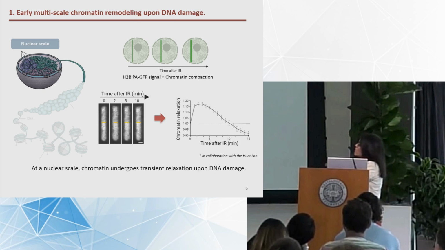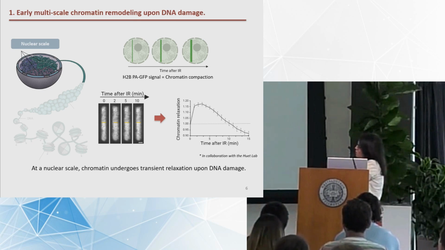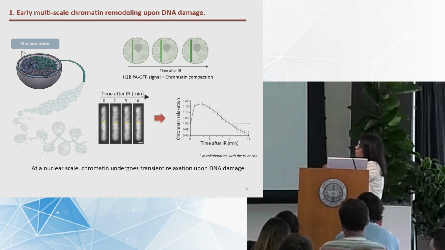And we observed a rapid increase of the size of this photoactivated area, which indicates chromatin relaxation. We observe a peak between 1 and 2 minutes after damage, and then chromatin starts to slowly recondense, reaching its initial compaction levels 10 minutes after.